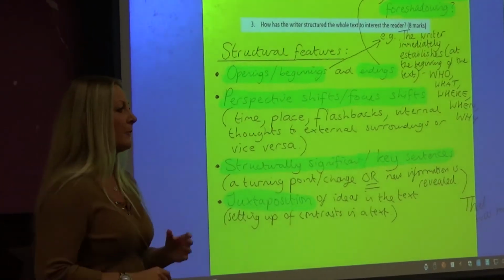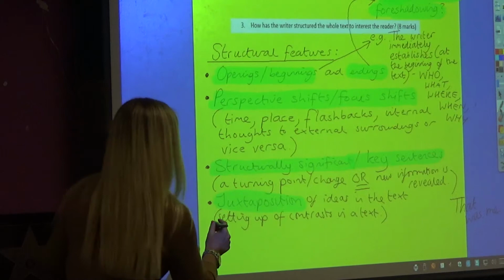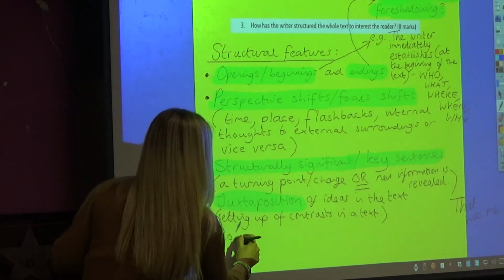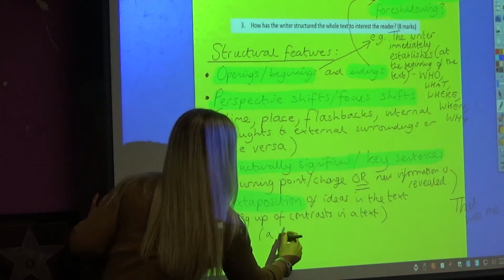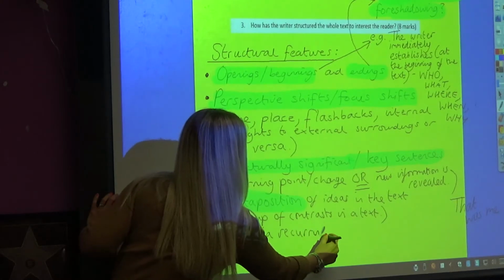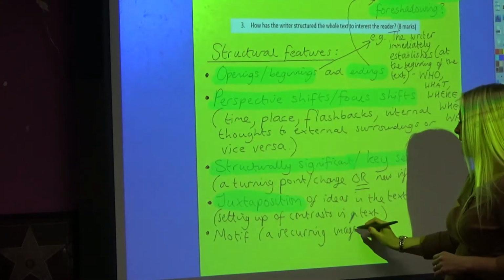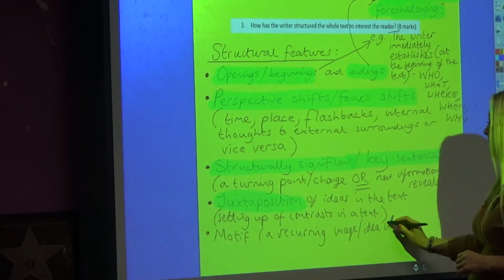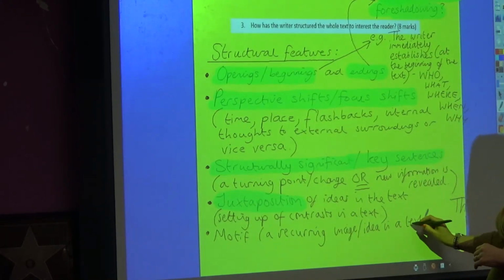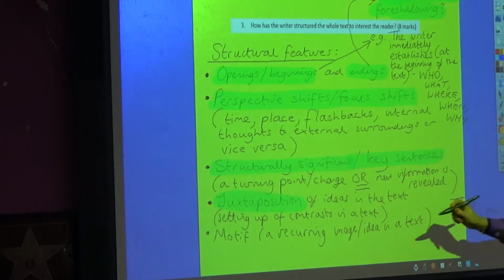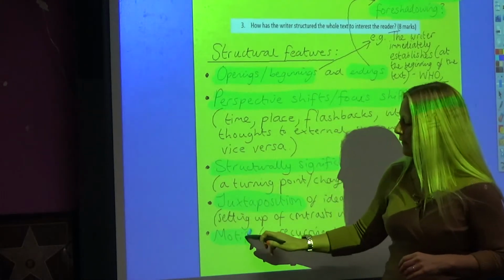It keeps cropping up. Jordan? Motif. Good. So that is a recurring image or idea in a text. So your structural terminology is motif.